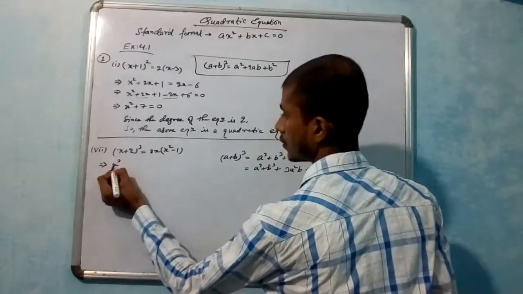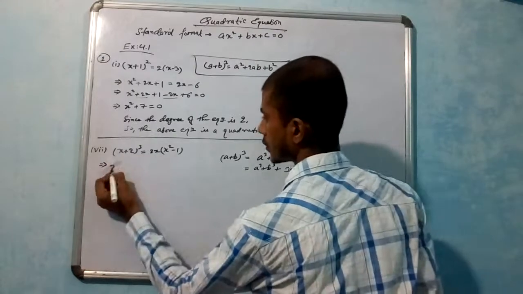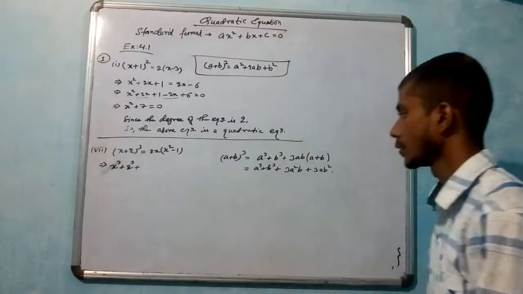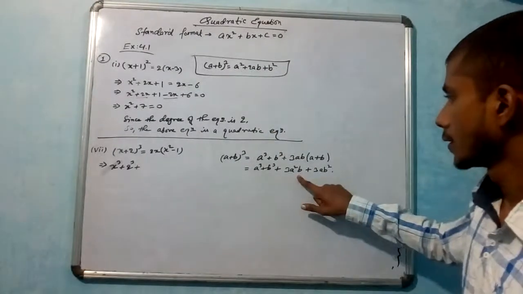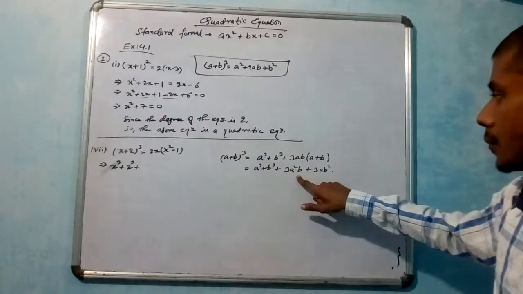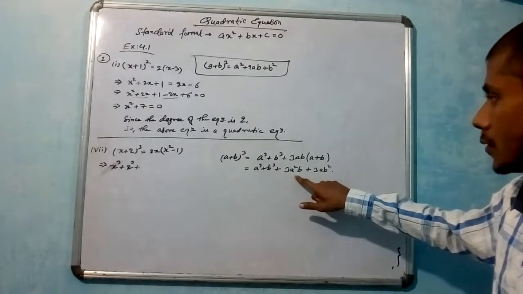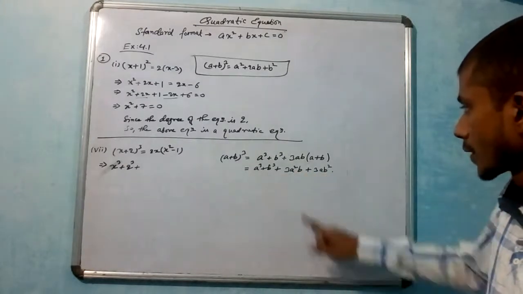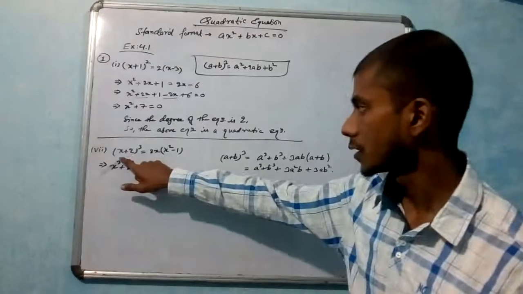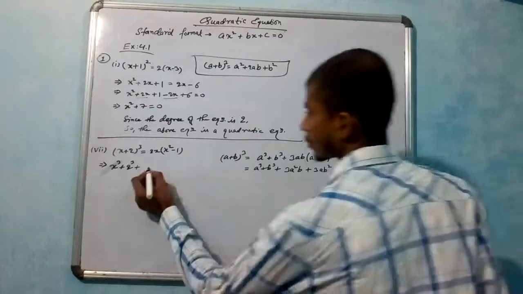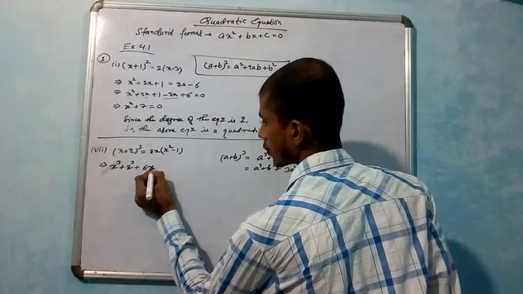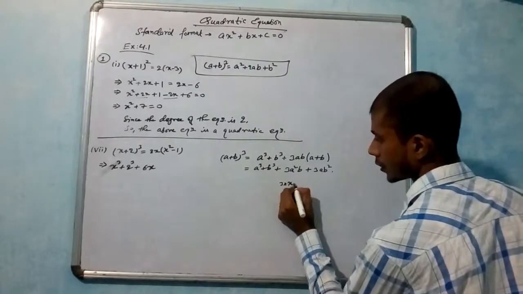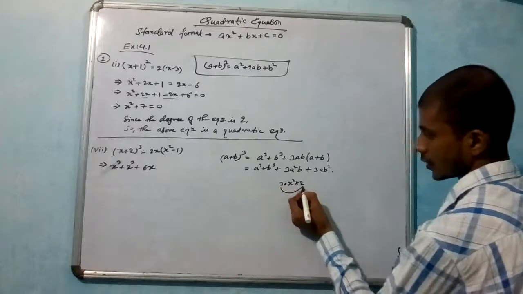x cube plus 2 cube plus 3x square into 2, that means 6x square. So all are in multiplication: 3 into x square into 2 means 6x square.